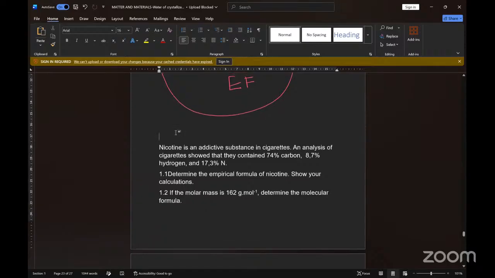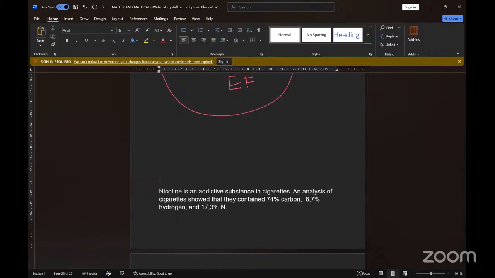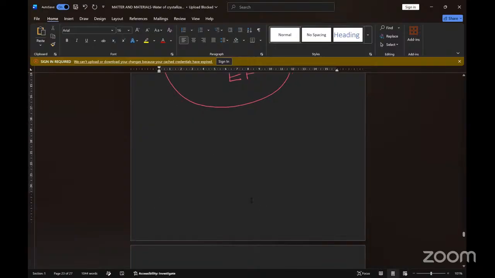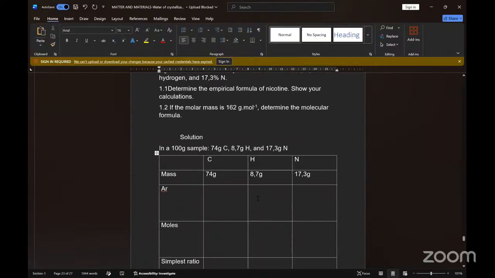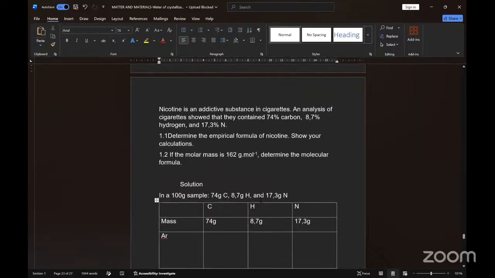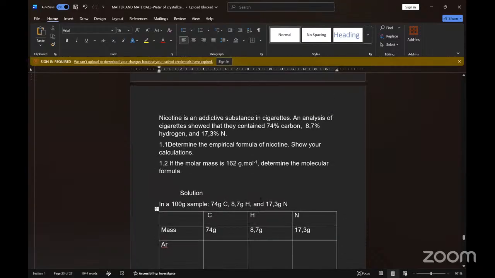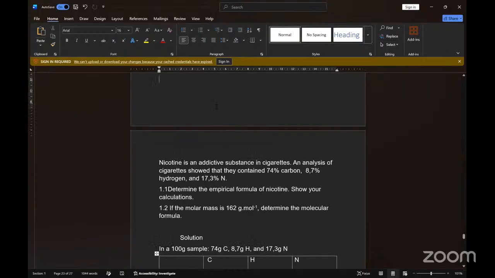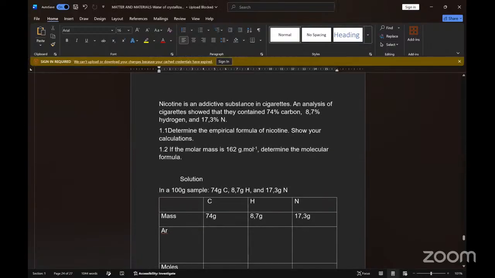Now, most of the questions that come usually, it is this particular one where you would calculate the empirical formula, and from the empirical formula, you go to the molecular formula. So let me give you this example. It says that nicotine is an addictive substance found in cigarettes.